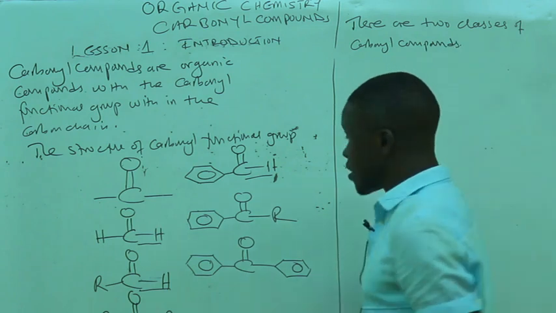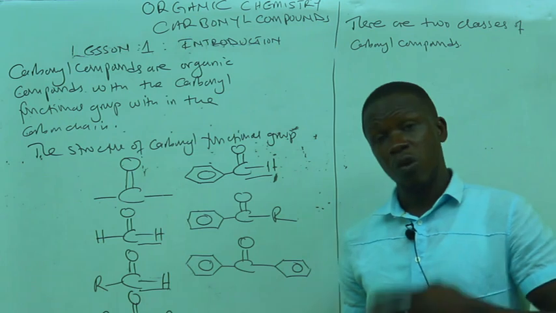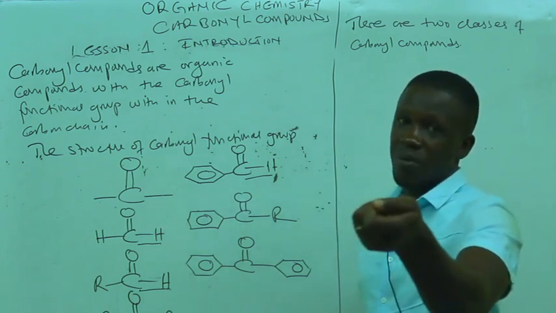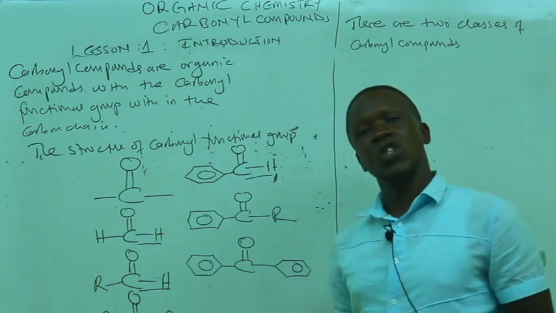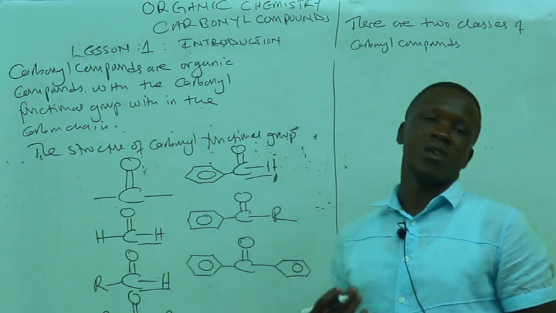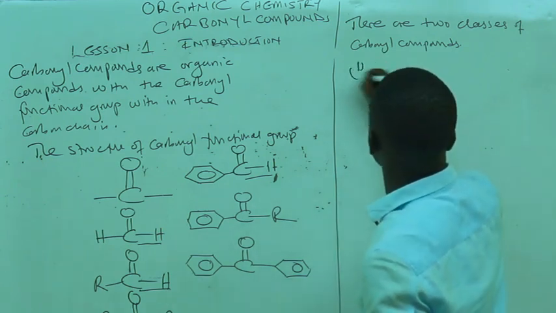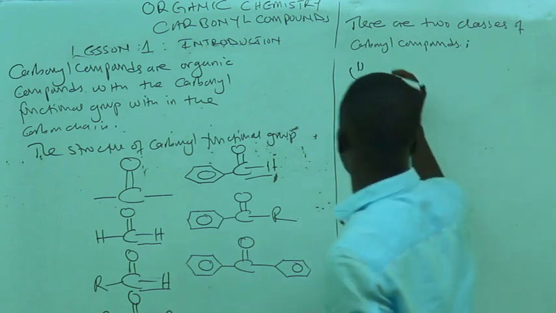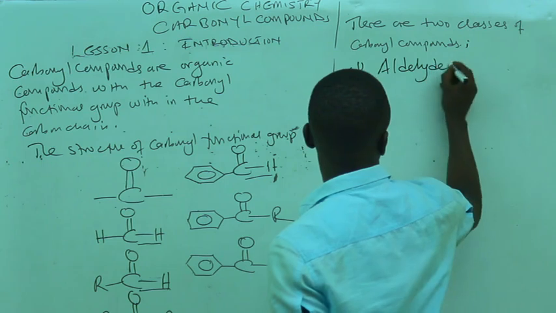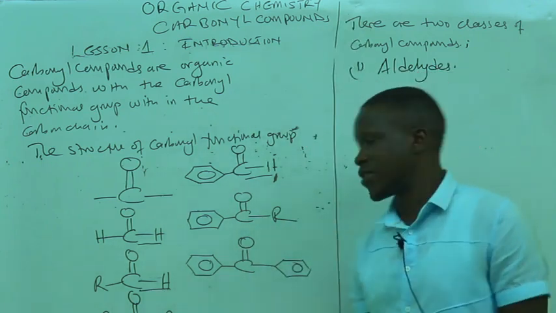This depends on the structure, as we have said: those in which there is hydrogen on the carbonyl carbon, and those in which the carbonyl carbon is sandwiched between two hydrocarbon chains. The first class, we call those compounds aldehydes.